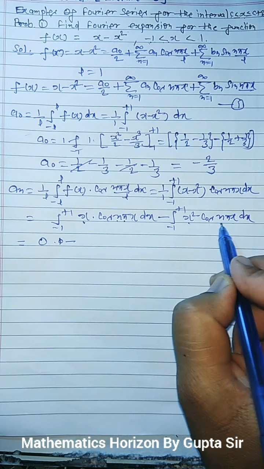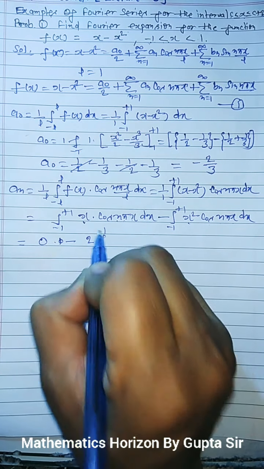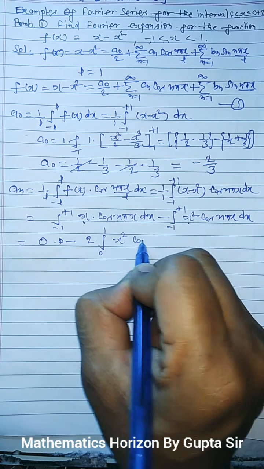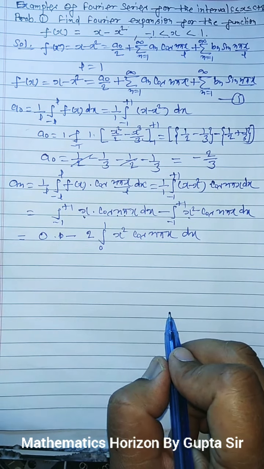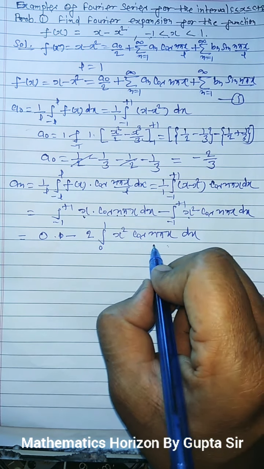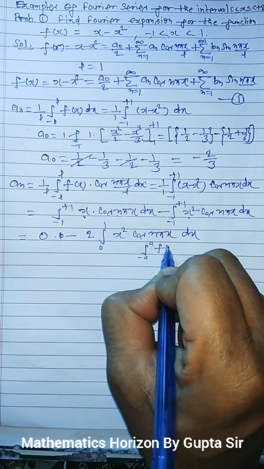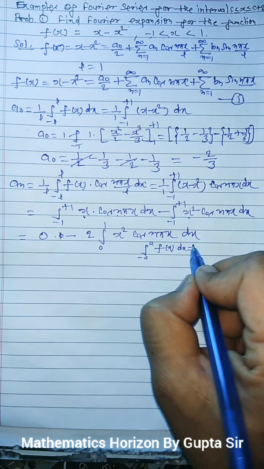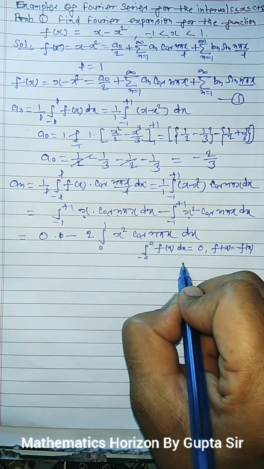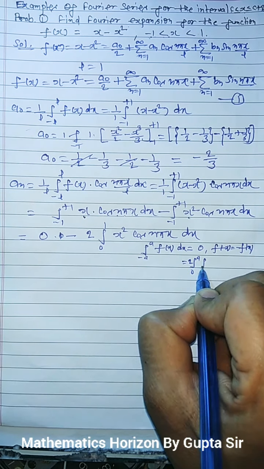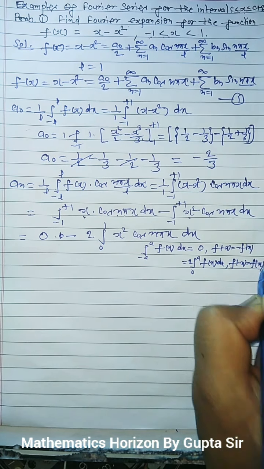The product of two even functions will be an even function, which means by the property of definite integration we can write it as 2 times the integral from 0 to 1 of x square cos n pi x dx, because we know that the integral from minus a to plus a of f(x) dx is equal to 0 if f(minus x) is equal to minus f(x), and this is equal to 2 times the integral from 0 to a of f(x) dx when f(minus x) is equal to plus f(x).